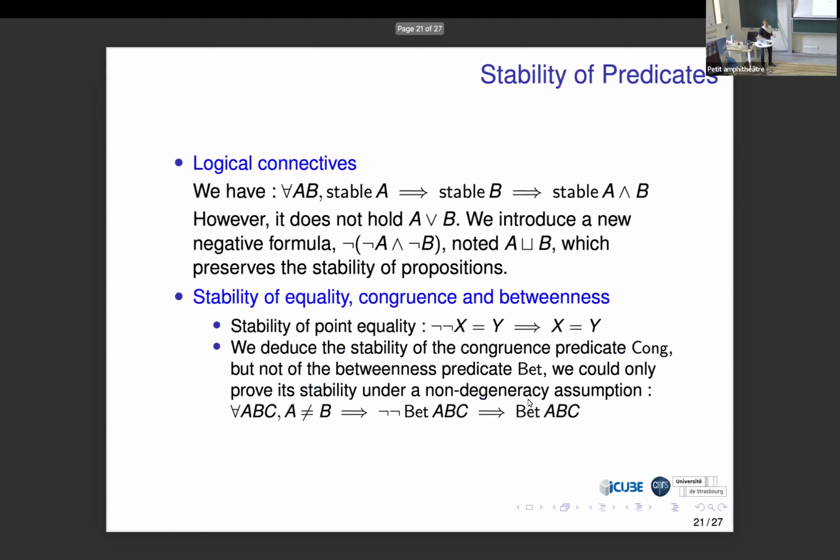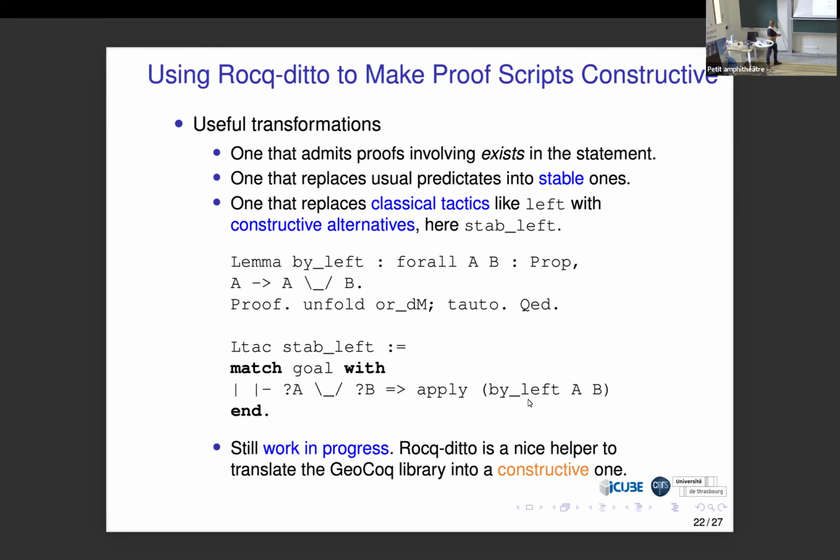So for and it's easy, because for and you have stability, so you can keep and. For the disjunction, you have to take an alternate predicate which doesn't have exactly the same properties. And then you need to replace the classical tactics you would use usually, like left. You have to replace it by something which is called stab left, which will take in charge the new stable or predicate to be able to do the transformation.